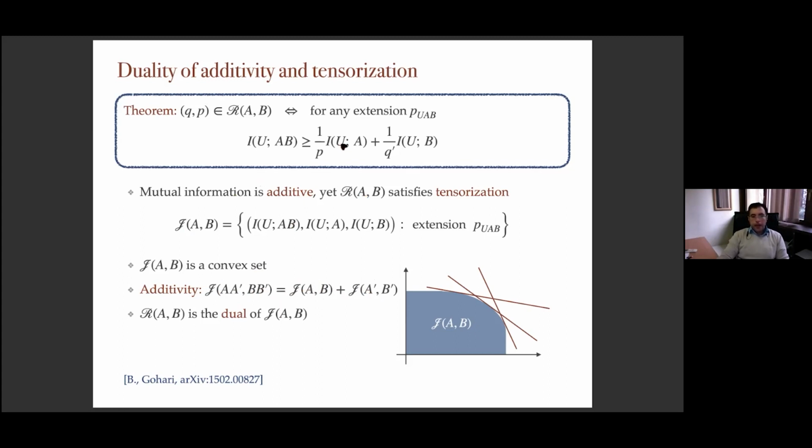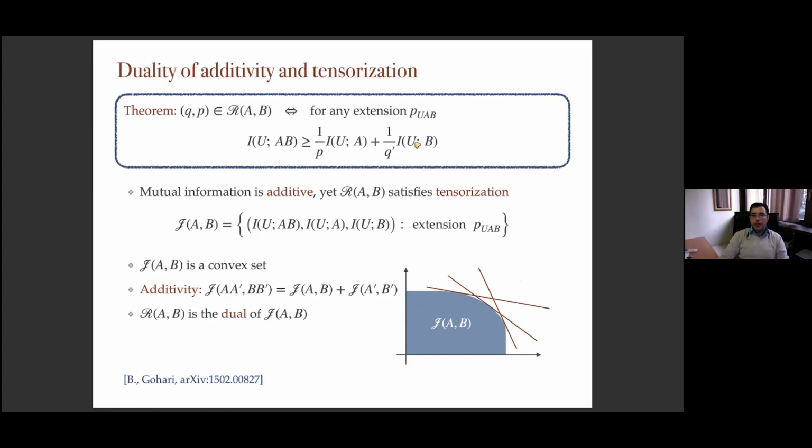Now, the point of this theorem is that the hypercontractivity ribbon, the R set, is the dual of the J set. By the dual, I mean essentially the set of hyperplanes or lines in this picture that split the space, such that the J set belongs to one side of the line.